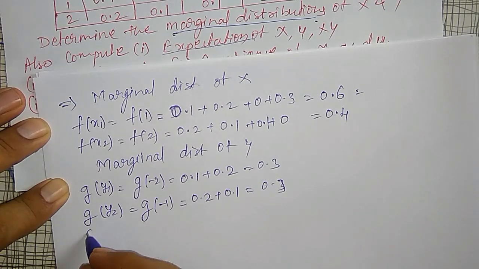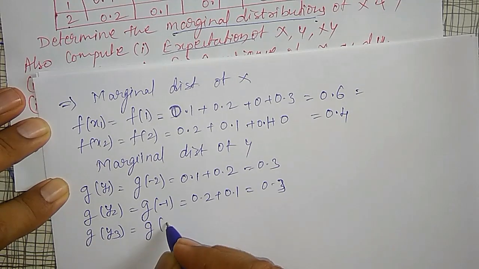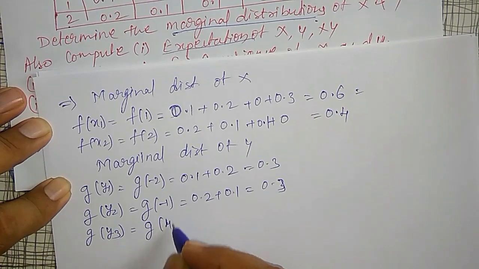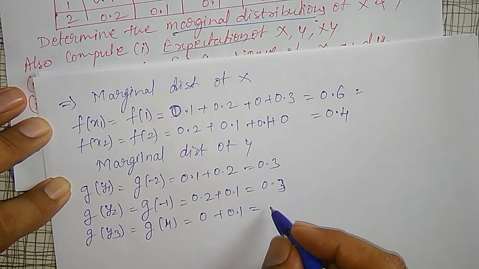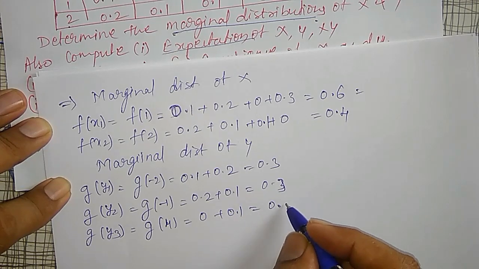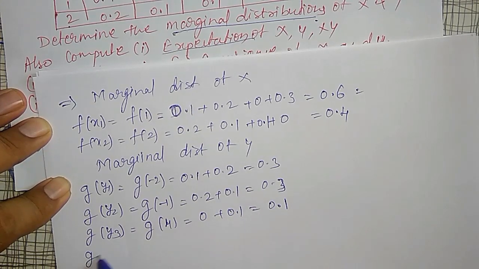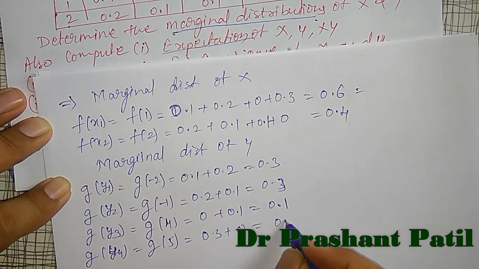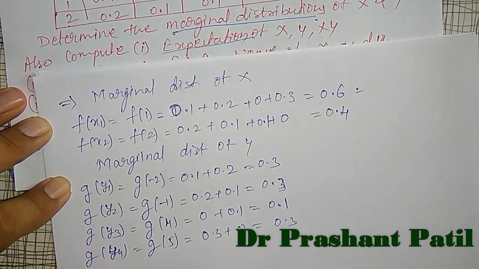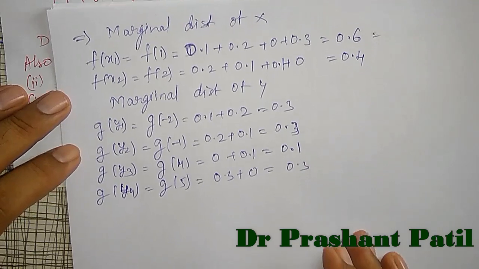Like that, G of y3 equal to G of 4, it is 0 plus 0.1, which is equal to 0.1. Then G of y4, that is G of 5 equal to 0.3 plus 0 equal to 0.3. These are the marginal distributions of y. I will form the table for them.